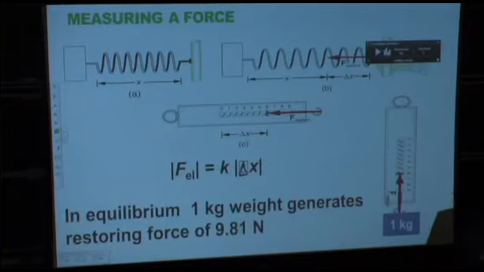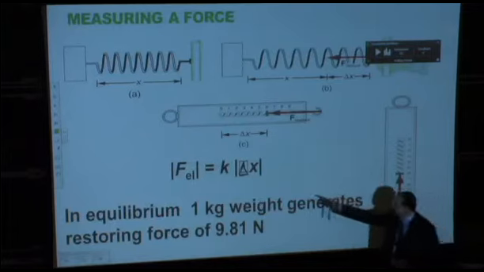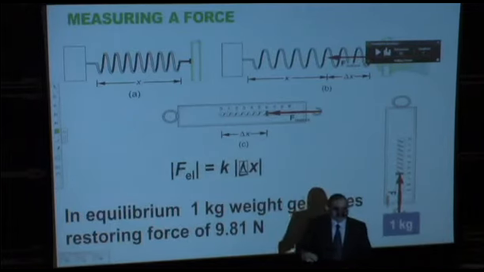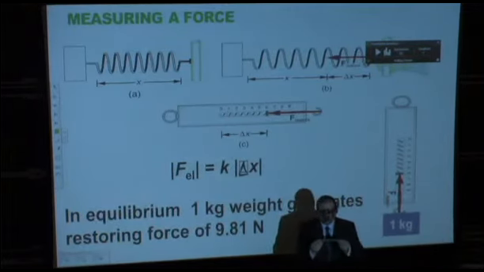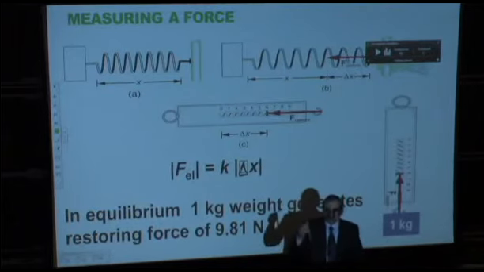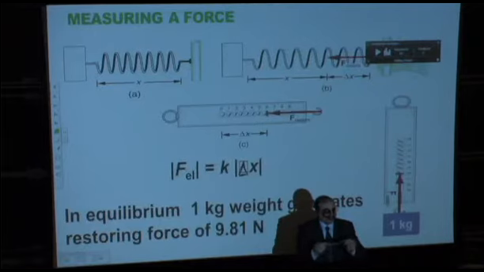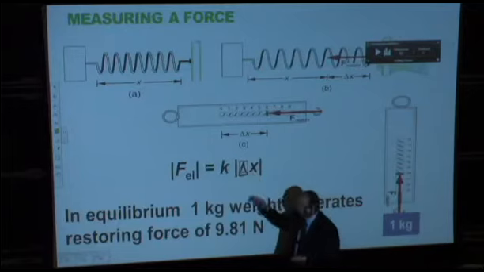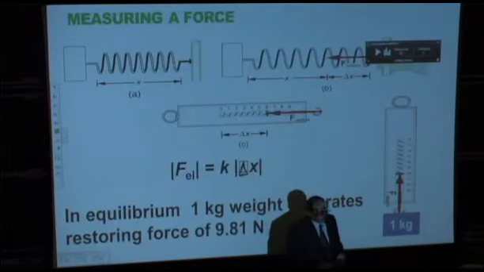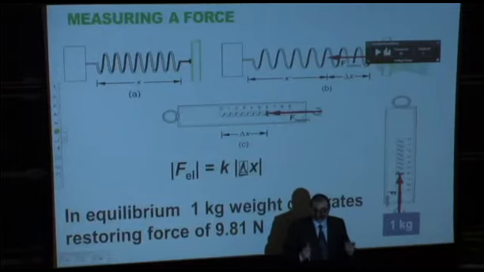So what people sometimes get confused about, this x has nothing to do with the actual length of this spring. When we don't act on the spring, there is no force applied to it. There is no elastic force inside the spring. We have to apply a force to it to stretch it or to contract it. So this delta x means the elongation or the contraction, the change in the length of this spring.